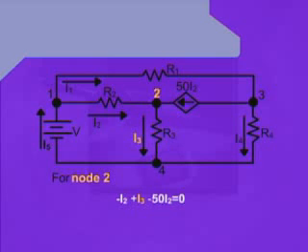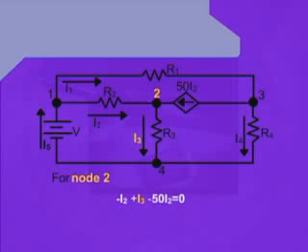Now we try to write down the equation for node 2. Since I2 is approaching the node 2, we put a negative sign next to I2, that is minus I2. I3 is leaving the node 2, therefore, we put a positive sign next to that. And finally, 50 times I2 is also approaching the node 2, therefore, it will have a negative sign. And again, we equate all this expression to 0.